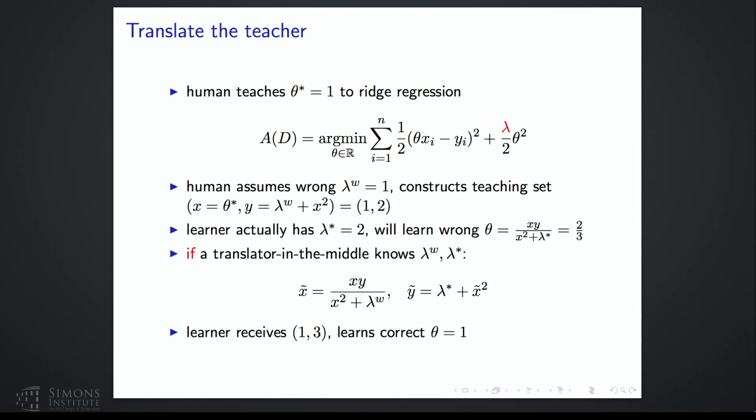Now the human comes in and says, I want to teach you that theta star is 1, the 45-degree line. But I, as the teacher, have a wrong idea of what your lambda is. I thought your lambda is 1, so this lambda W is wrong. Actually, the learner has lambda star being 2.